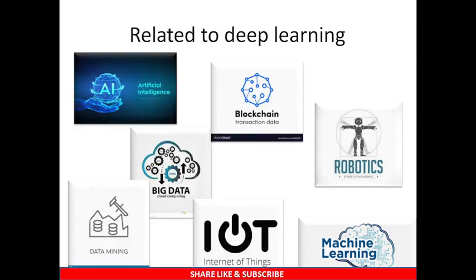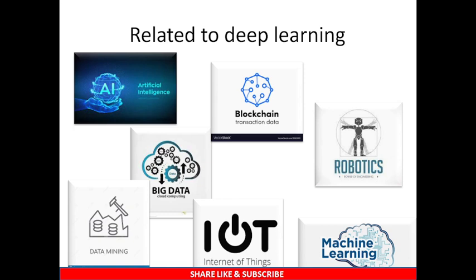Deep learning is not just a small concept. It has a vast variety of categories. Here we are directly connected to artificial intelligence and machine learning. Apart from that, it is very usable in banking sectors, blockchain, robotics, big data, data mining, and Internet of Things.